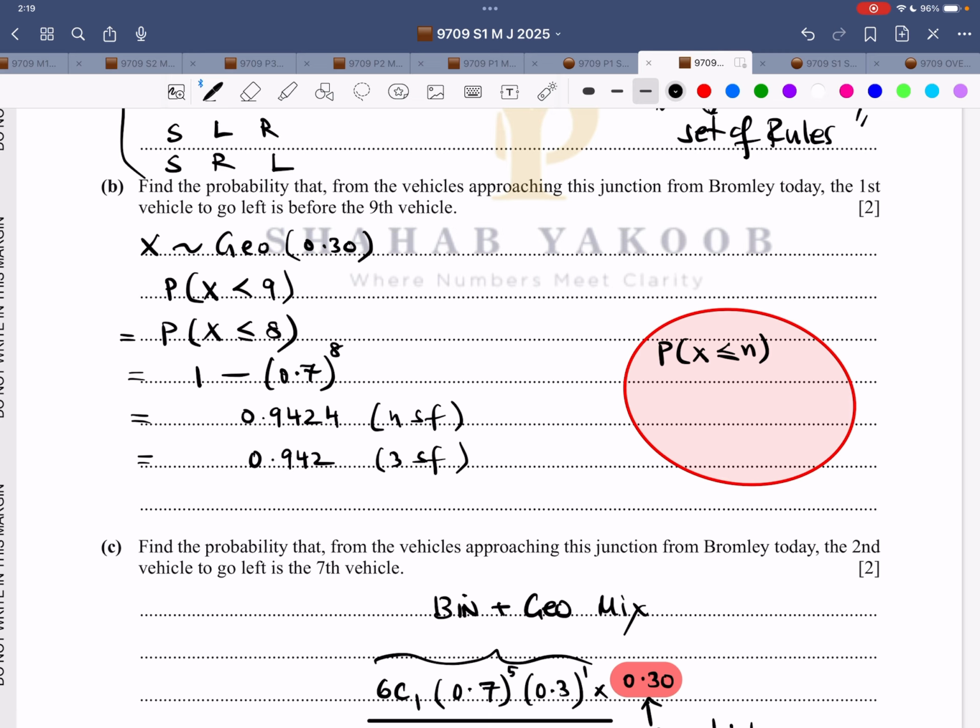That is 1 minus probability of failure raised to power of n. A very, very important rule. So since 9 was not included, therefore I wrote x is lesser than or equal to 8. 1 minus probability of failure raised to power of 8. Unrounded value, rounded value, show all these steps.